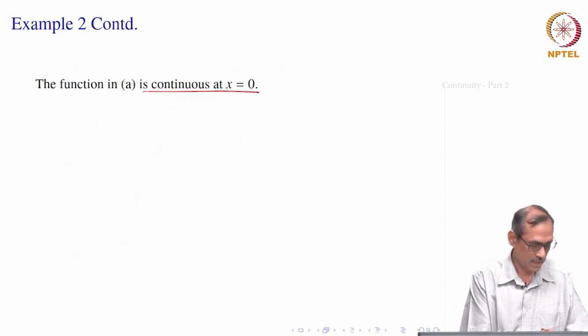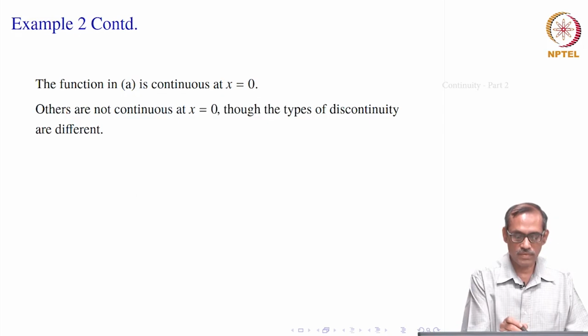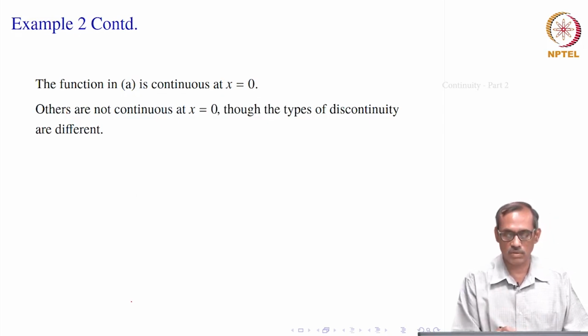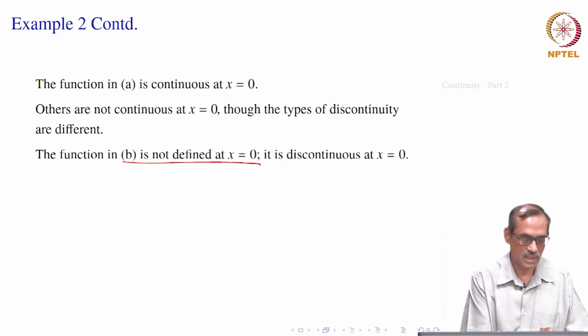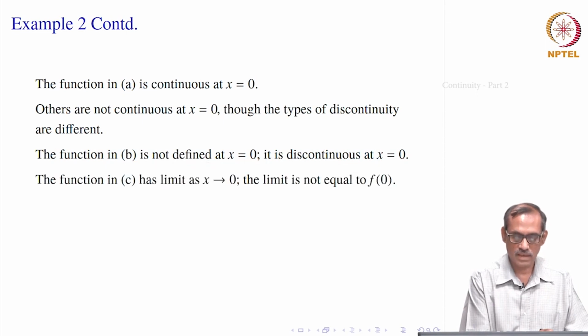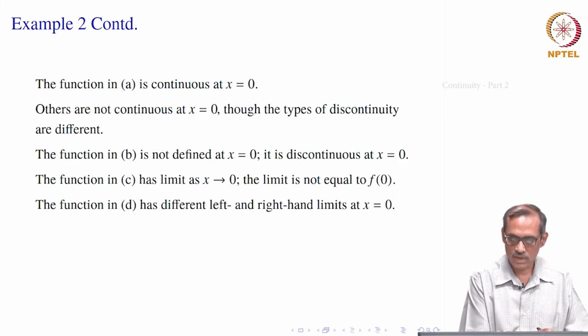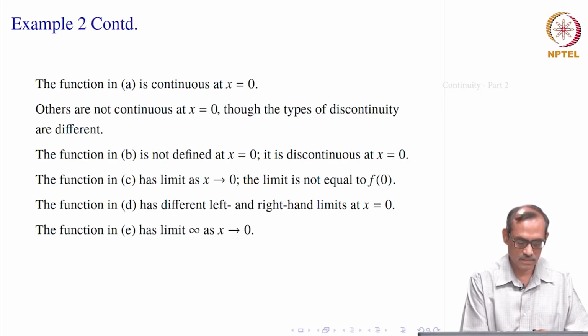So, what we write is, all the others are not continuous at x equal to 0, though the types of discontinuity are different. In B it is not defined, in C the limit is not equal to f of 0, in D the left and right hand limits at x equal to 0 are different, so the limit does not exist.